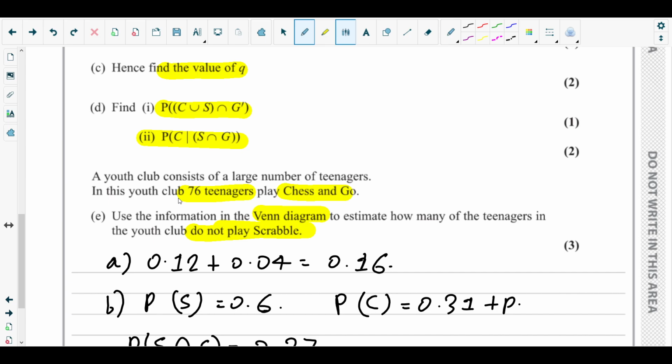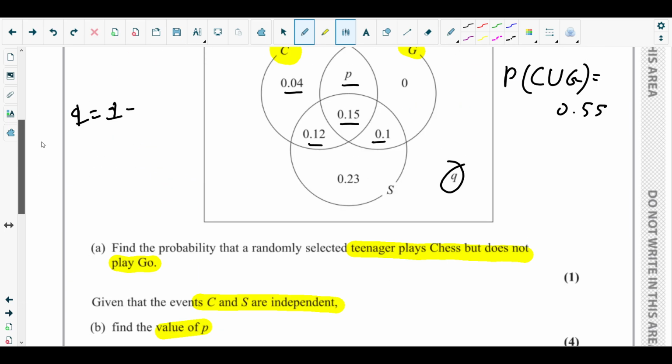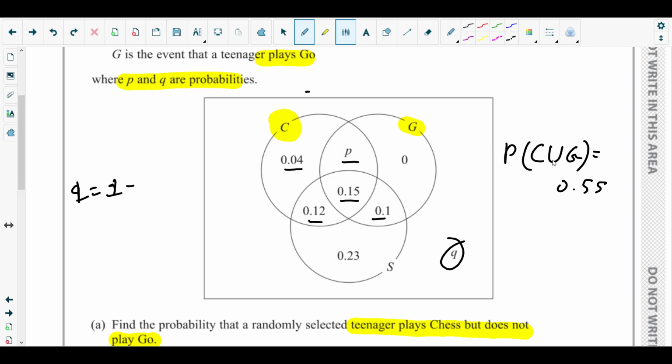Okay, so out of that, what they wanted: in this youth club, 76 teenagers play chess. Oh, it says and. Okay, so since it is and, we will consider only the common intersection. And means intersection, and or goes for union, right? These are statistical terms. So this should be C intersection G. C intersection G is just P plus 0.15.